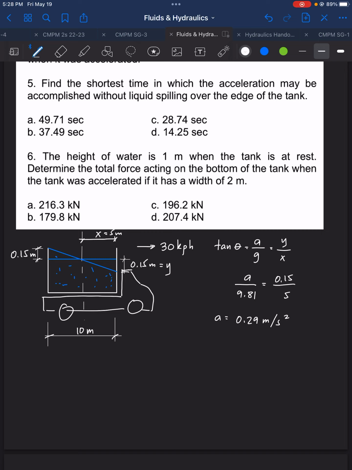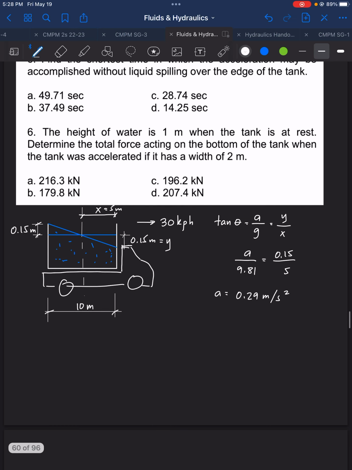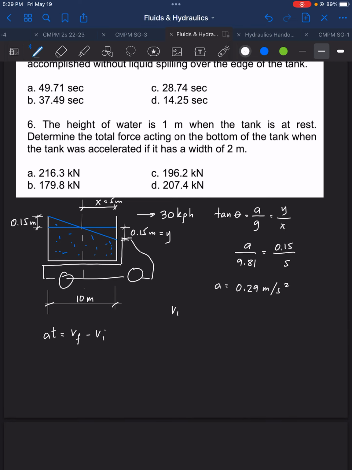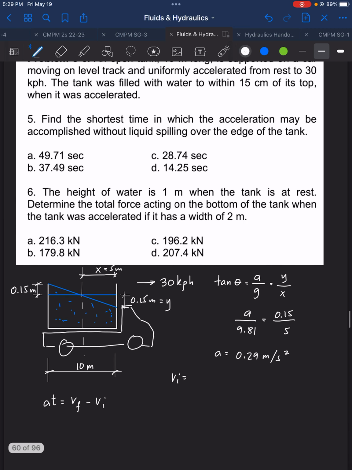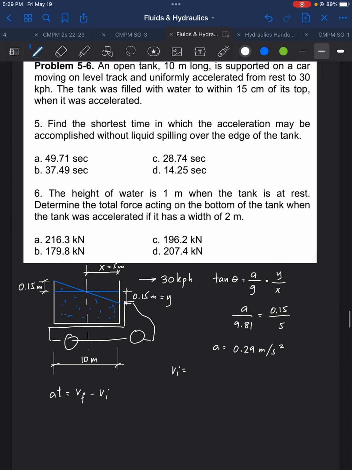So find the shortest time, it says there. We can use the formula for acceleration: acceleration times time is equal to final velocity minus initial velocity. So where do we get the initial velocity? Since the vehicle started from rest, the initial velocity is 0.